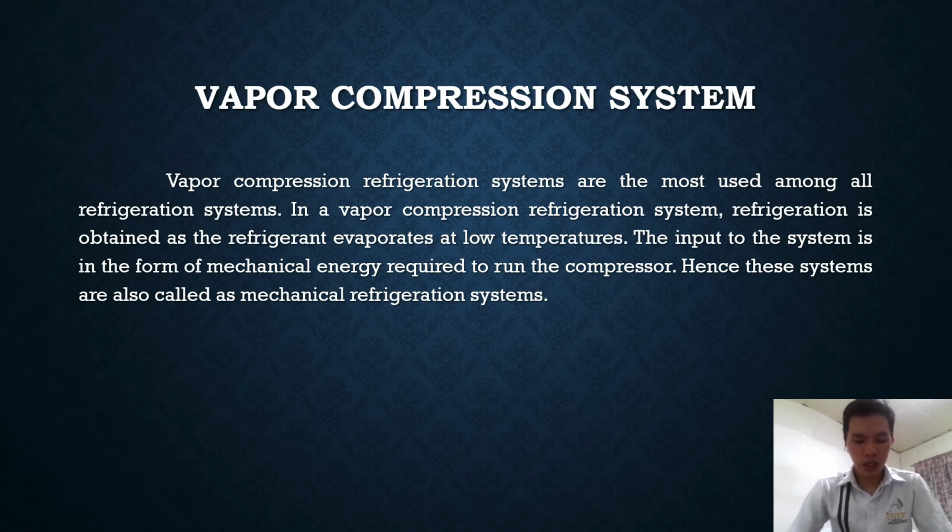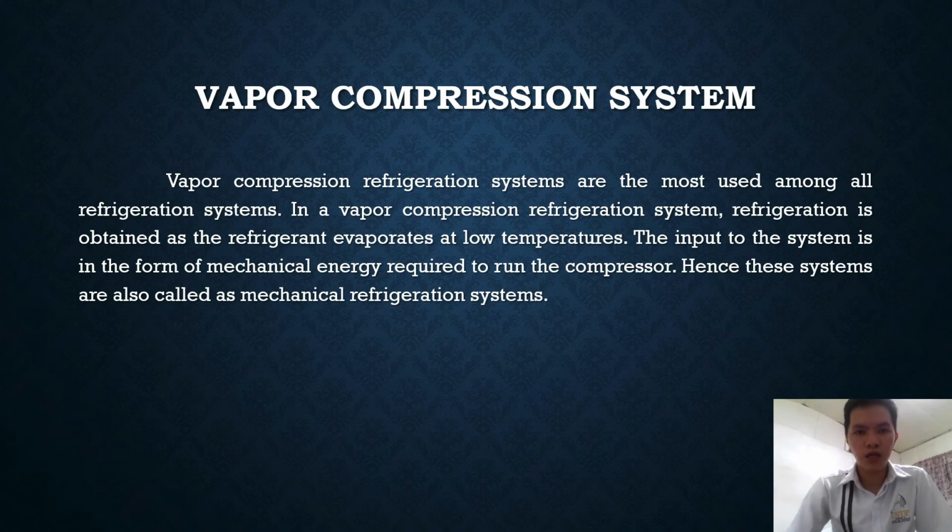So as this change happens, heat is either absorbed or expelled by the system, resulting in a change in temperature of the surrounding air that is passing over the unit's components. So nearly all refrigeration systems use this cycle to accomplish cooling.